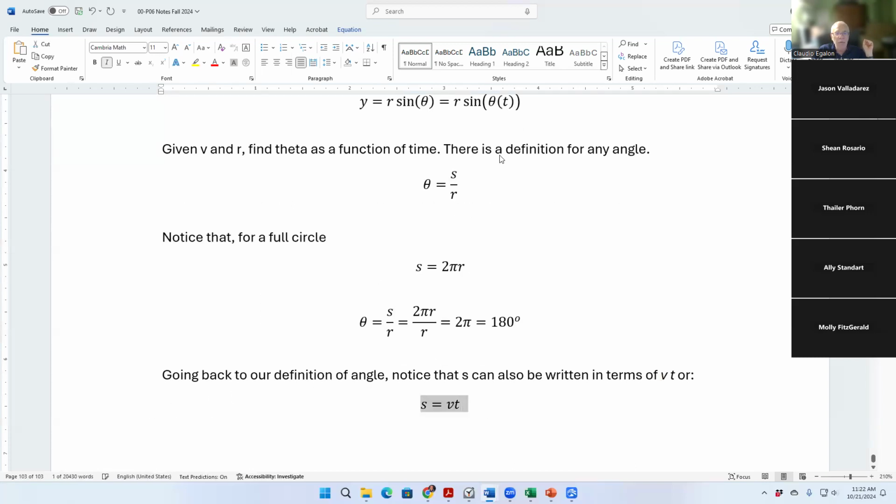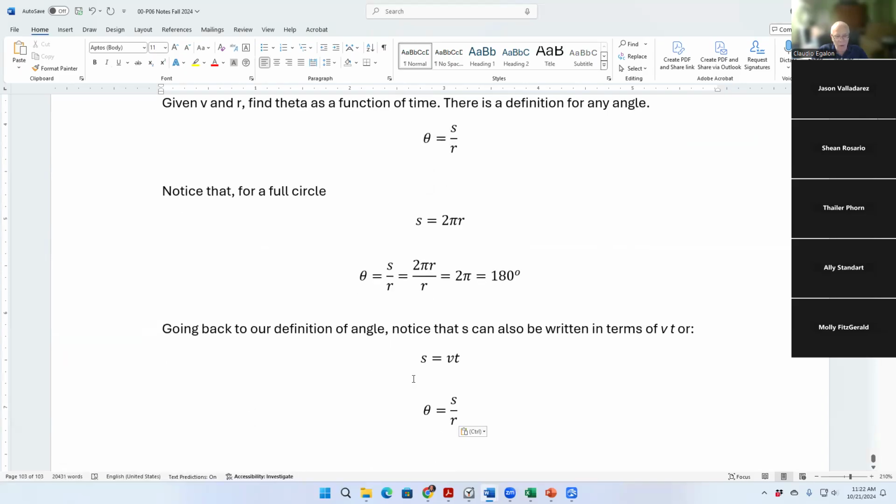And now we can use this relationship in this equation for theta, and we finally get our equations of motion for the X and Y coordinates.